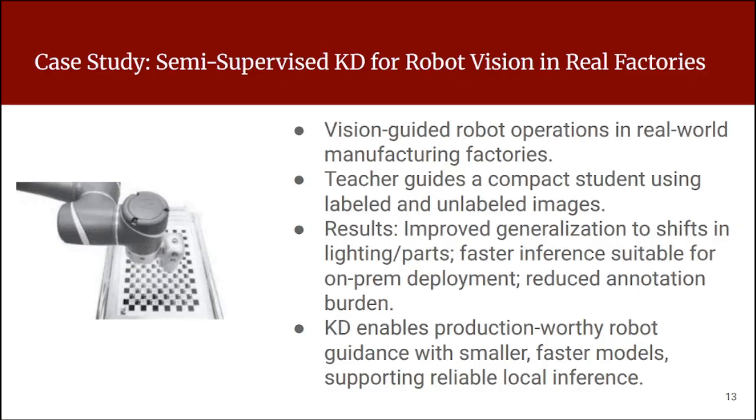So you can think of being able to handle different SKUs or variable lighting in an environment. And secondly, it was edge ready. So that means it was running locally with predictable latency. The authors report better generalization and throughput versus standard baselines and with fewer labels required. So this is just another great example of AI on the factory floor.